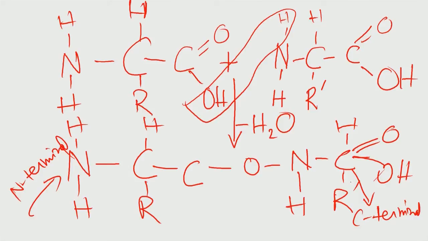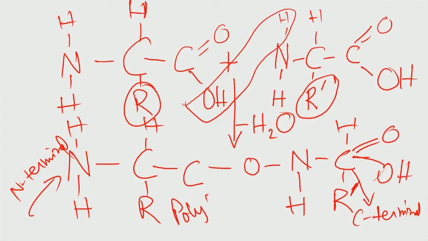Now, another thing you must have noticed is that two amino acids are different simply because R or R prime are different, and the way these R and R prime are arranged forms the amino acid sequence in a polypeptide molecule.